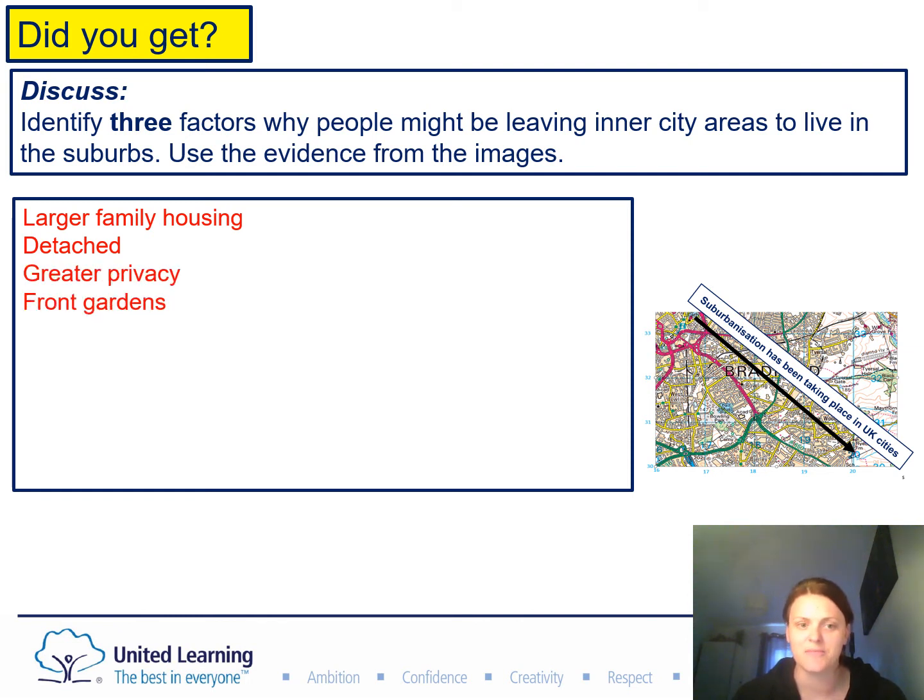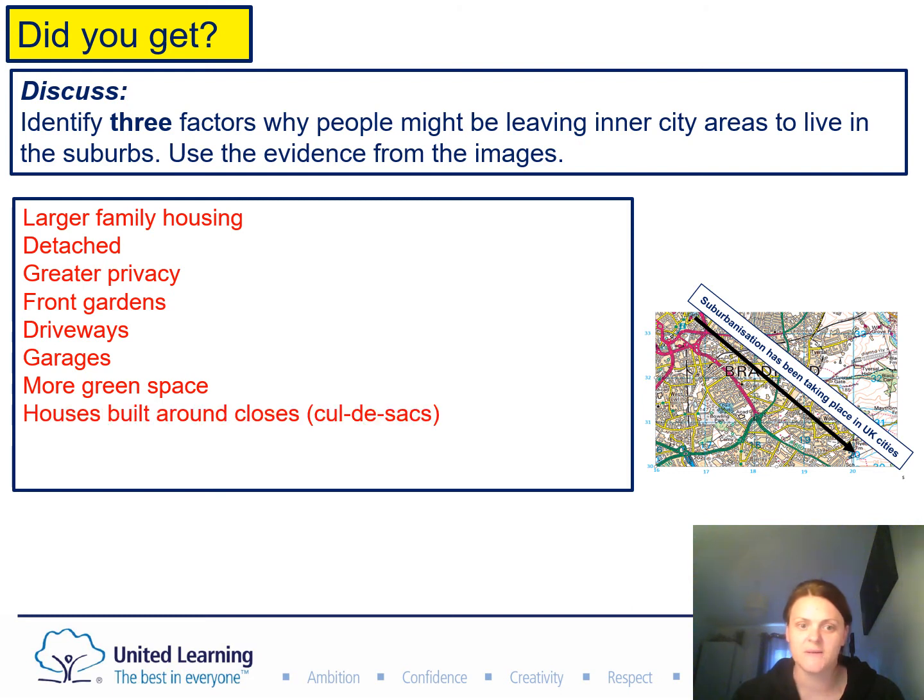There we go, greater privacy. You can have front gardens as well when you're further out because you've got more space. You have driveways. Driveways are really good because your car is going to be safer if it's parked on a drive than on the road. Again, you've got a garage, more space to put your car, or just more storage. More green space for dog walking or just getting out and being healthy.